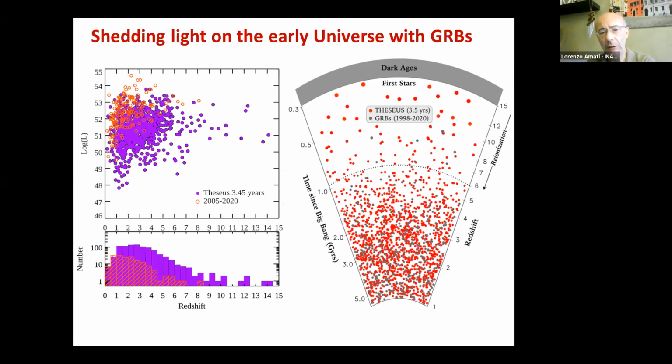So clearly a huge leap. You will get several tens of gamma ray bursts at redshift above 6 and hundreds of gamma ray bursts at lower redshift, with not only the redshift measurement, but also a full multi-wavelength characterization, which is fundamental for understanding the physics, the mission, and the progenitors of these gamma ray bursts.